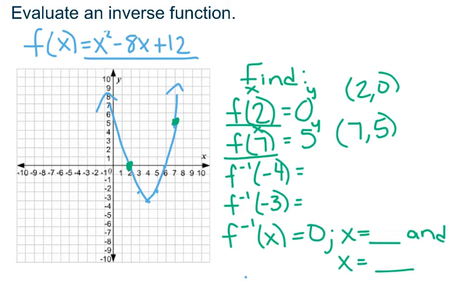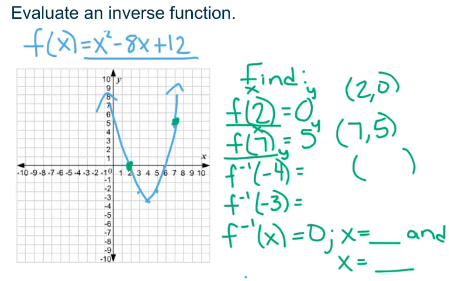So remember, when we're talking about inverses, the coordinate points switch. So in the next one, I'm talking about the inverse of the function evaluated at -4. So in those first two, the number inside the parentheses was x. But because we're talking about an inverse, and we know that coordinate points switch, now we're talking about y. So here's what we're really trying to do.